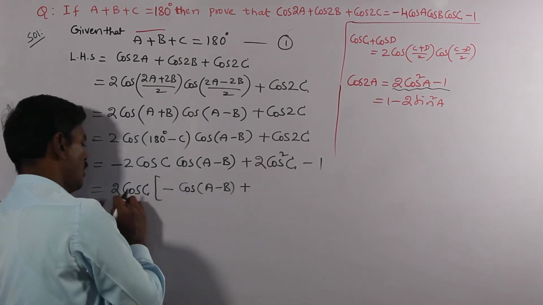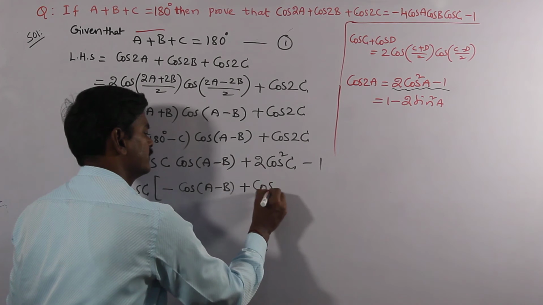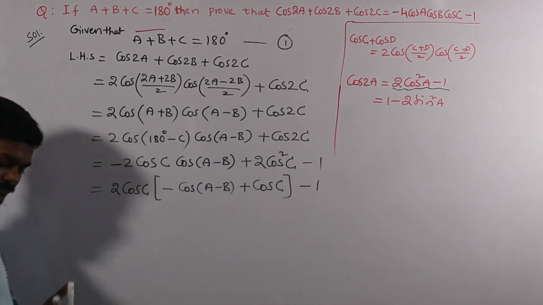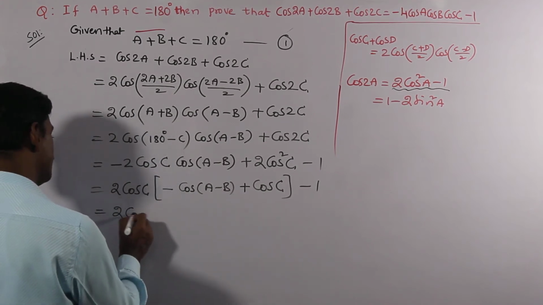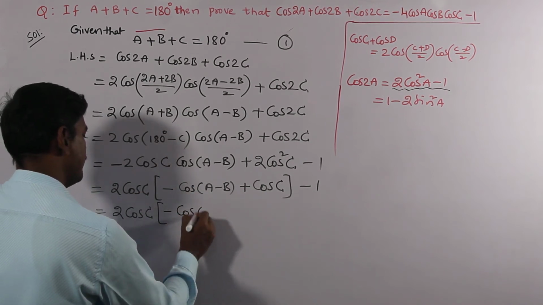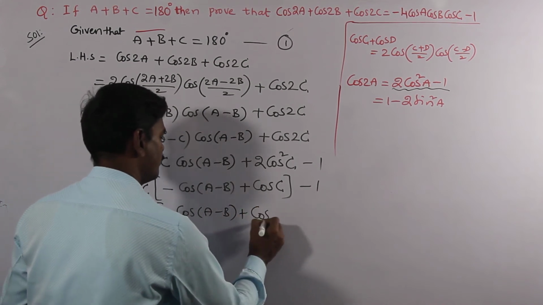After taking 2 common and one cos c common, one more cos c will remain, minus 1 as it is. So 2 cos c as it is, into minus cos of (a minus b) as it is, plus cos of.